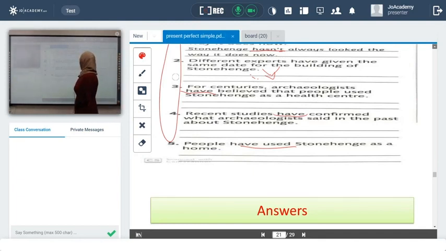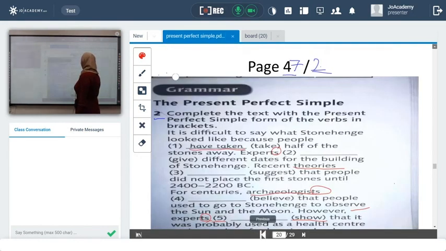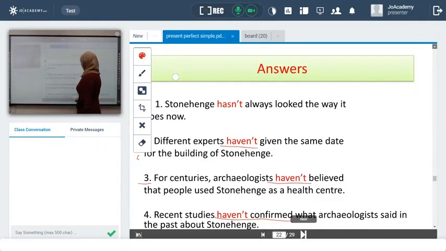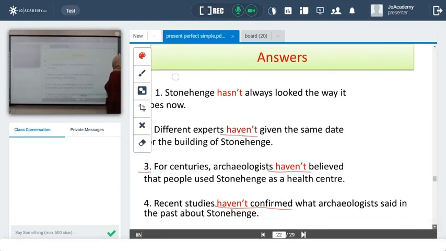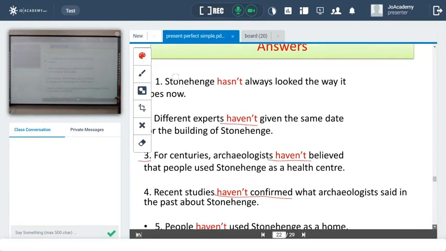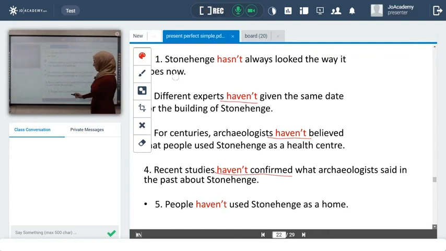So how can we make it a negative sentence? We need to add not here. So the answer for number 5 is: People haven't used Stonehenge as a home.